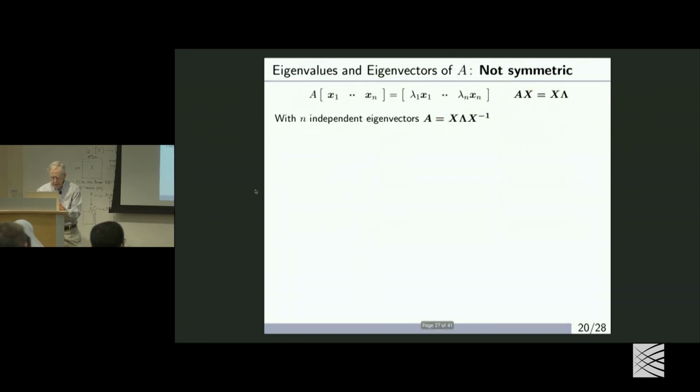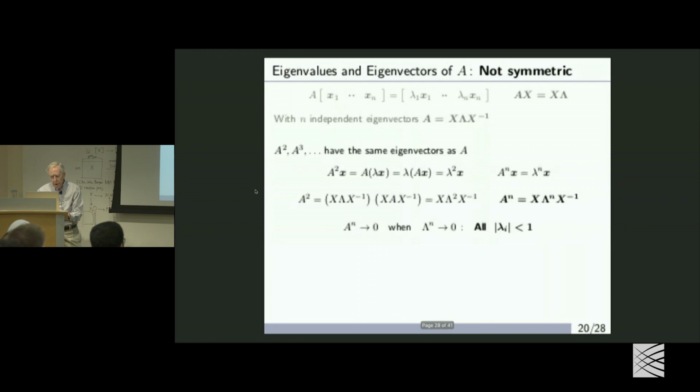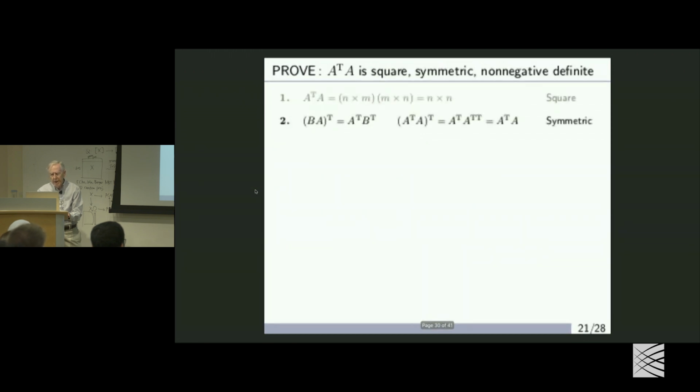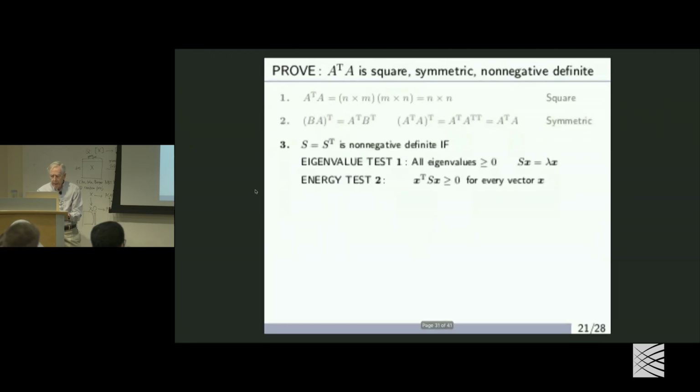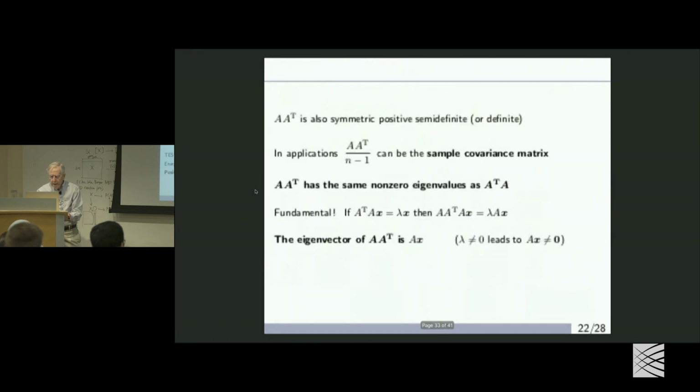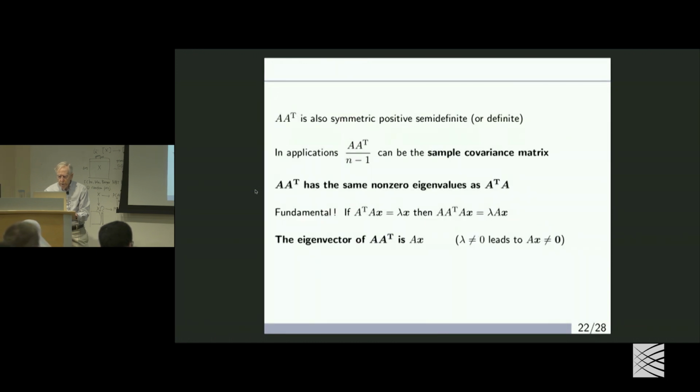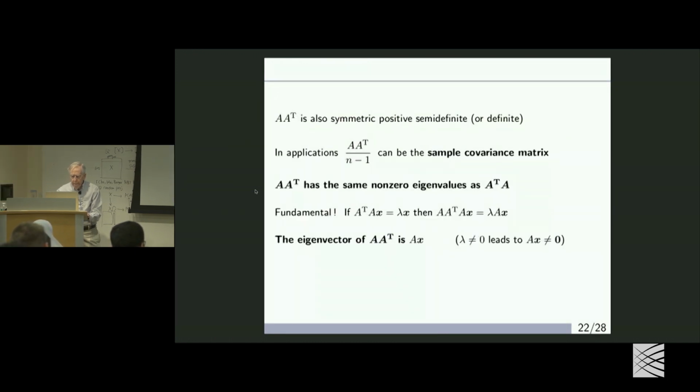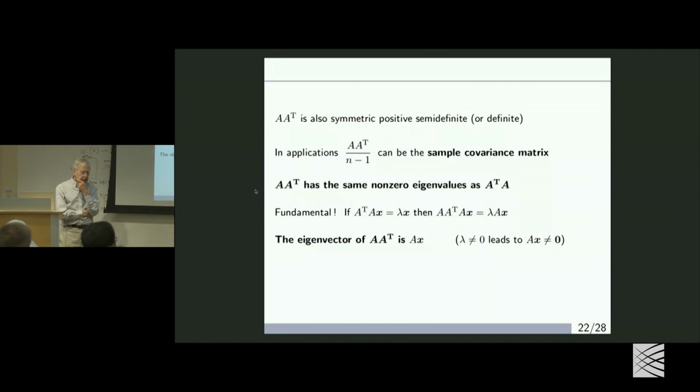Okay, so this is all symmetric. Now, if we have not symmetric, then we push ahead. But what are we going to do when A is maybe not square, not symmetric, eigenvalues don't make sense?